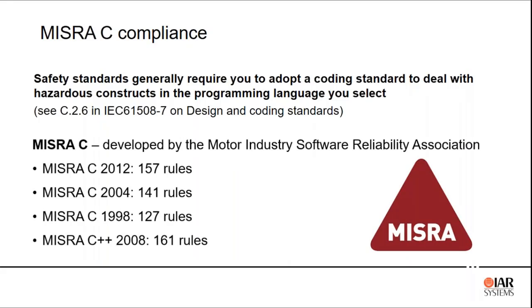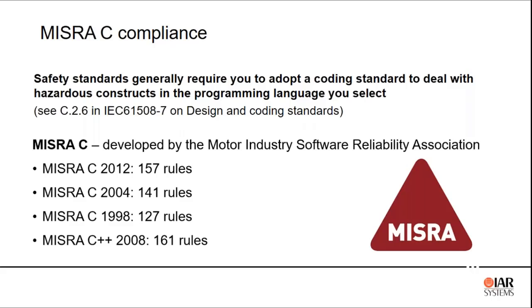But there are, of course, some other variants. I mean, MISRA C from the Motor Industry Software Reliability Association. There are different editions, but what you should be aware of is that if you look at IEC 61508, mainly it's highly recommended that you should adopt, let's say, some tool that can help you to enforce the coding standards.